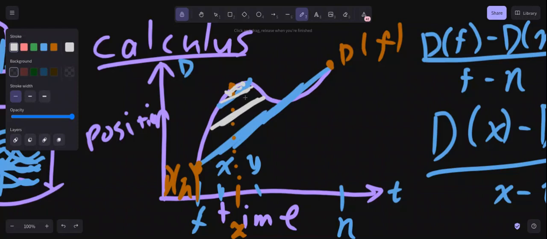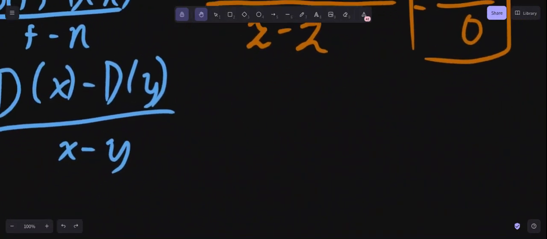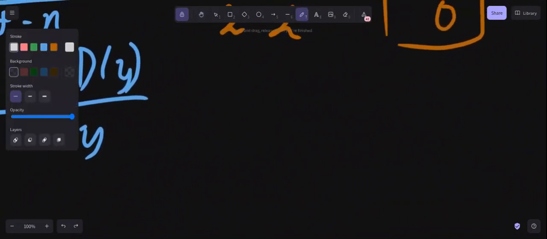So if you were to somehow get this interval to be infinitesimally small, you could possibly calculate the rate of change at that instant. And this sort of idea of approaching the rate of change at that instant is the idea of a limit.